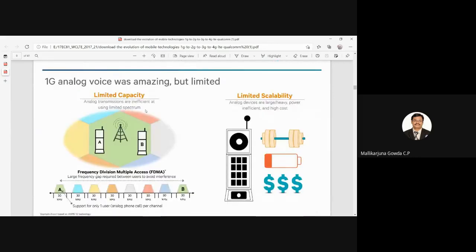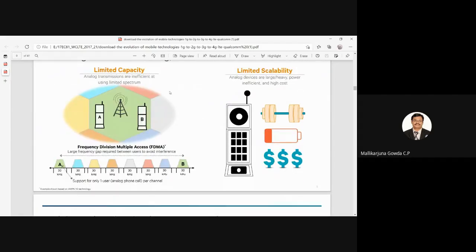So 1G analog voice was amazing but limited in capacity, right? The analog transmissions are inefficient at using the limited spectrum. The type of multiple access technique used was FDMA, that is frequency division multiple access. If user A wants to communicate with user B, they need a larger frequency gap.